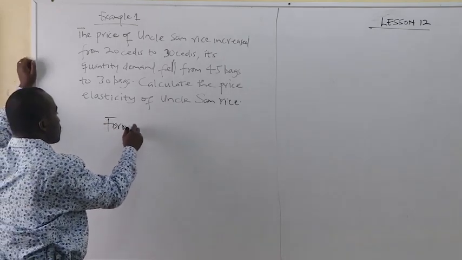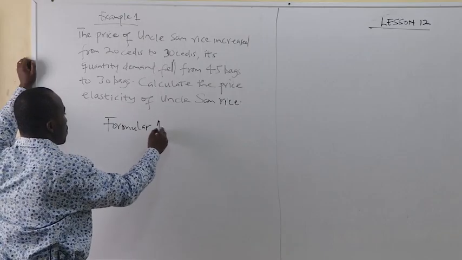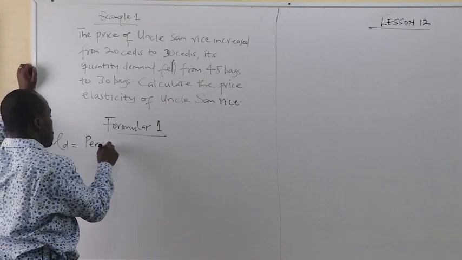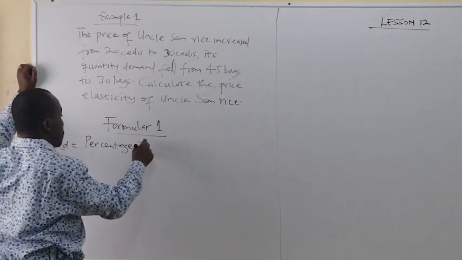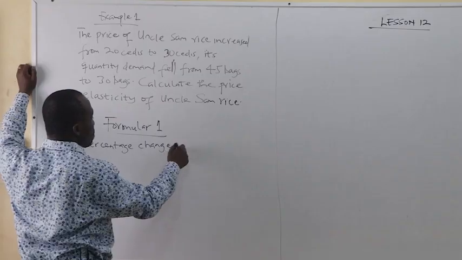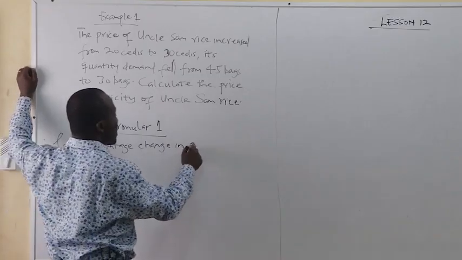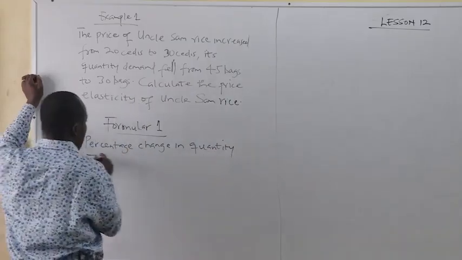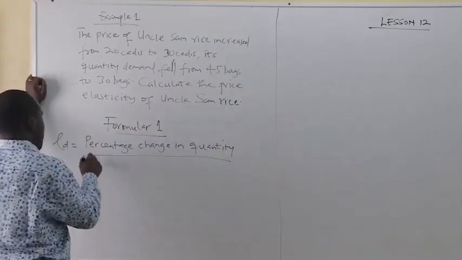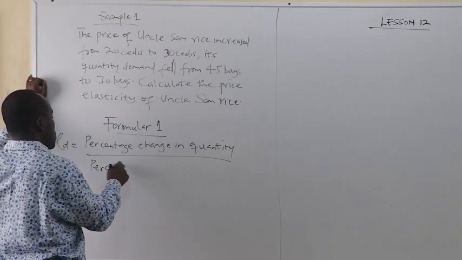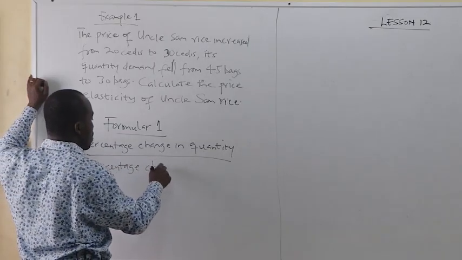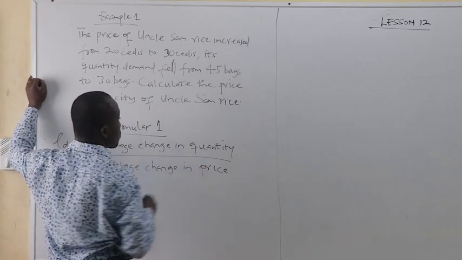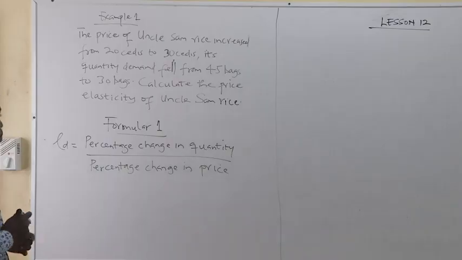In formula 1, the elasticity of demand is equal to the percentage change in quantity demanded divided by the percentage change in price. Right? So let's see.